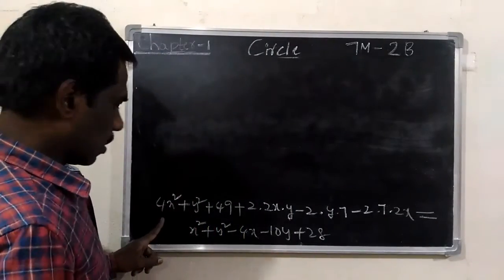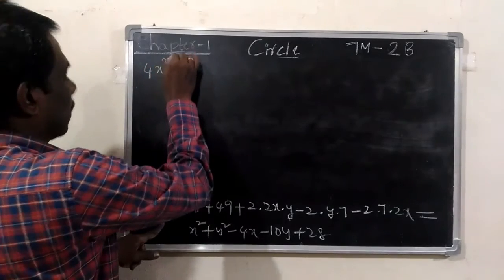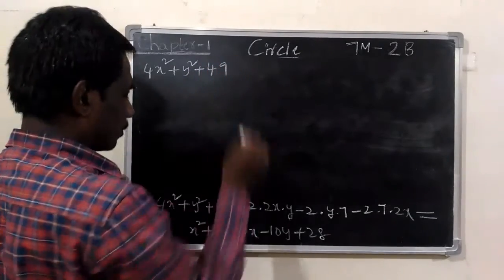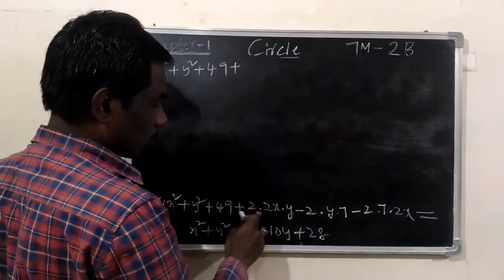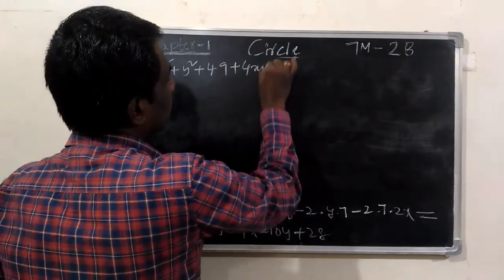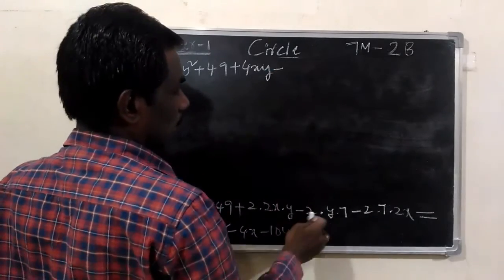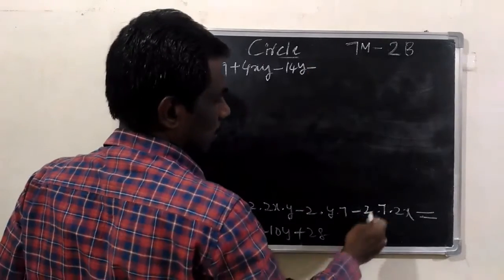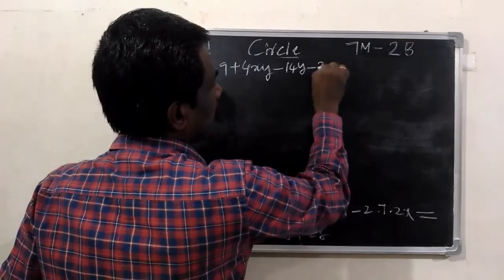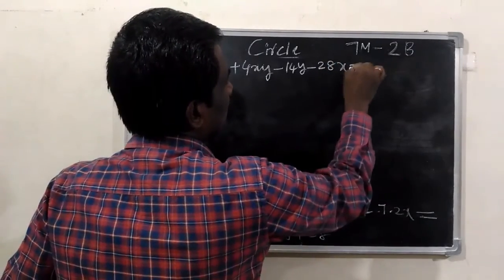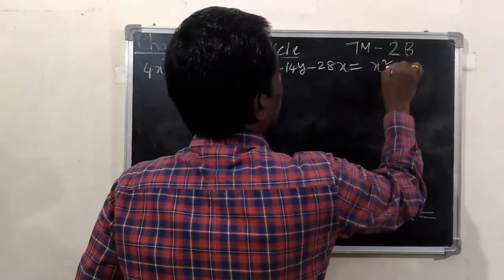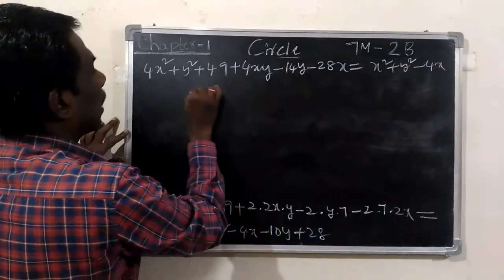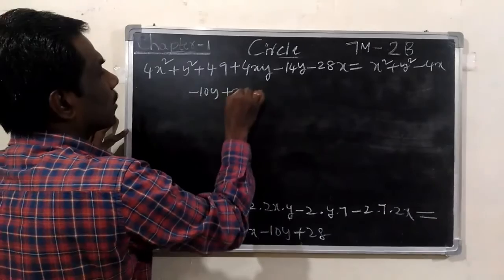Thus, now write this 4x square as it is plus y square plus 49 plus 2 into 2x into y is 4xy, minus 2 sevens are 14y, minus 2 sevens are 14, 14 2s are 28x, is equal to x square plus y square minus 4x minus 10y plus 28.